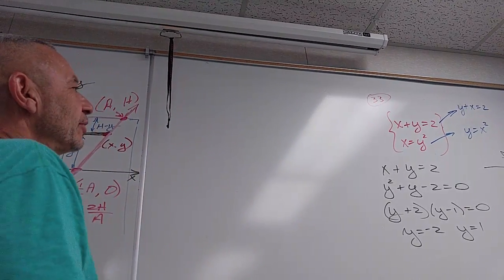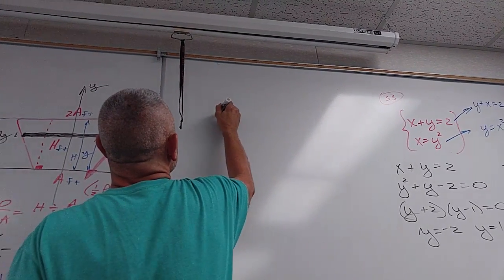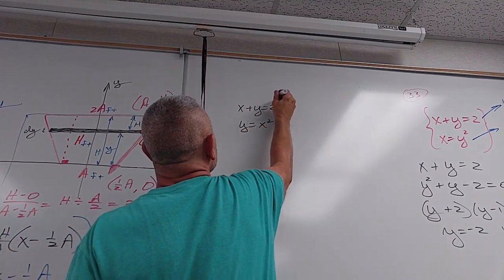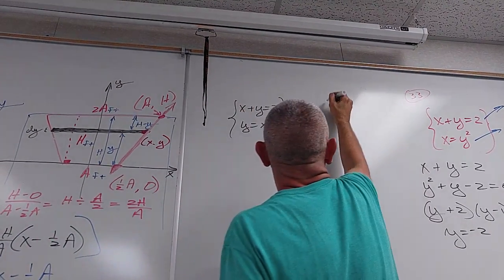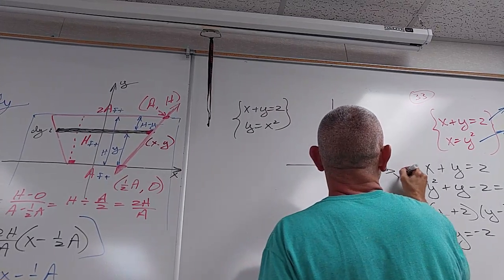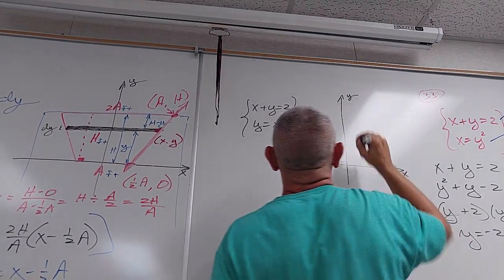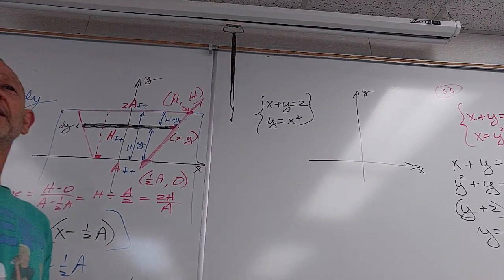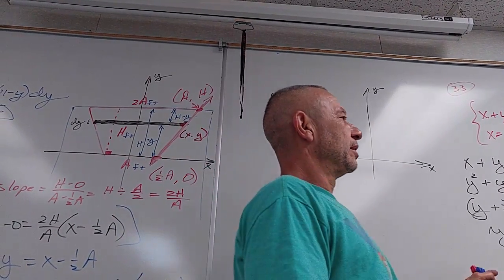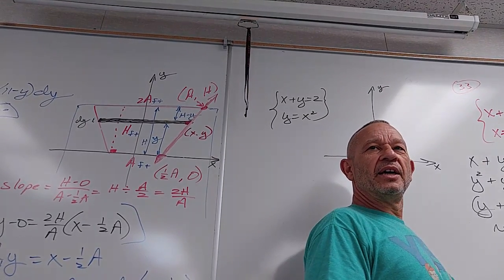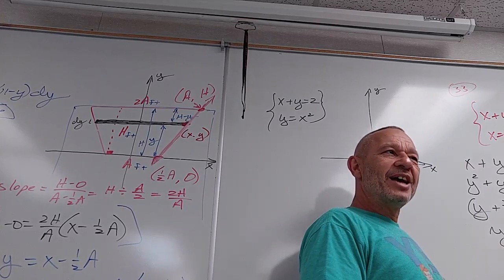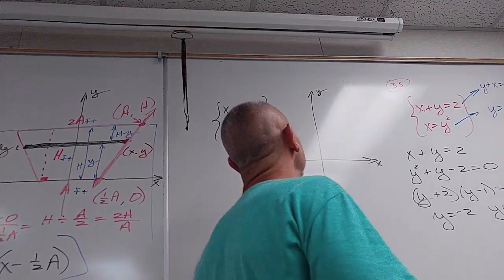Wasn't that convenient when you interchange x and y? Nothing happened. So let's look at our new functions, x plus y equal 2 and y equal x squared. Do I really need to intersect them? Don't I already know what the points of intersection are going to be? x is going to be negative 2, and x is equal to 1, right?